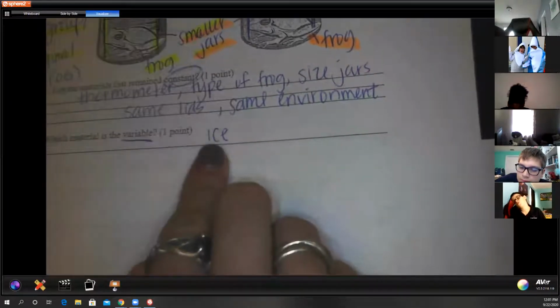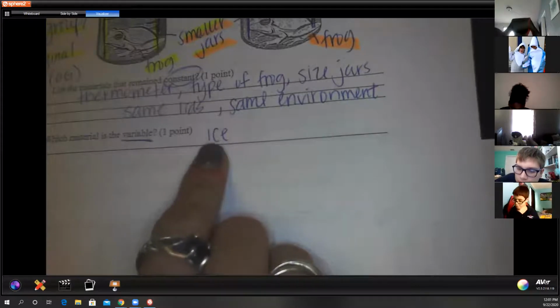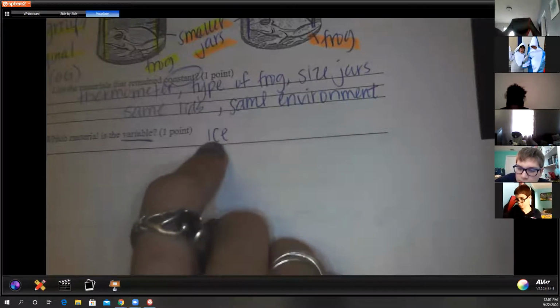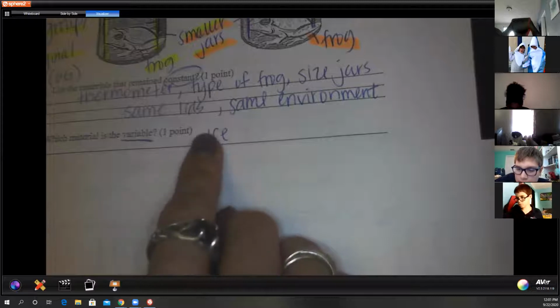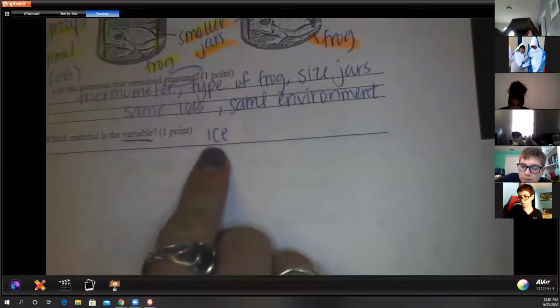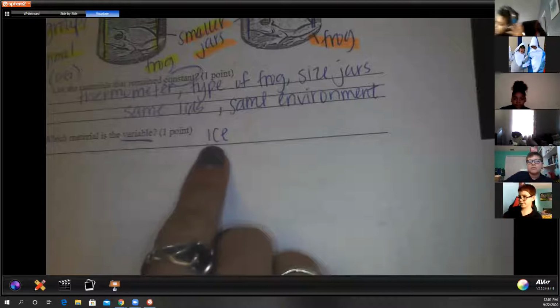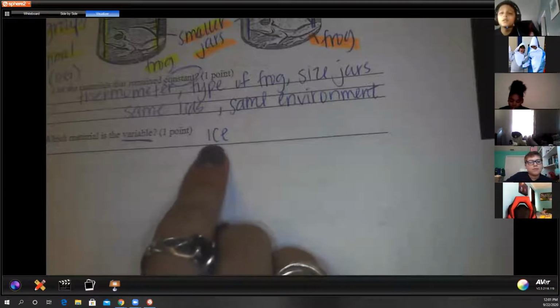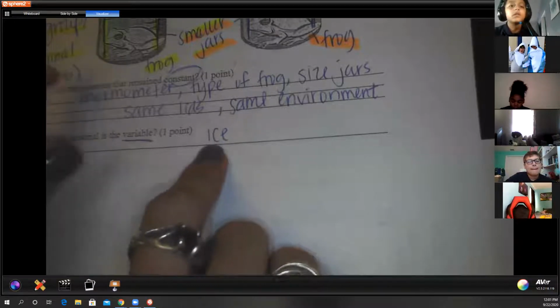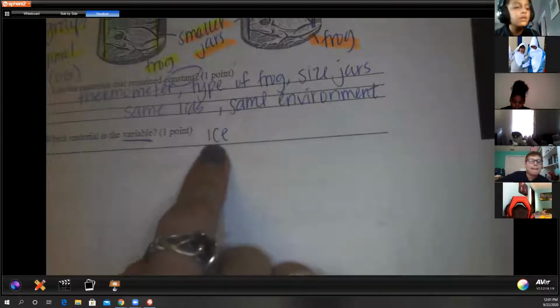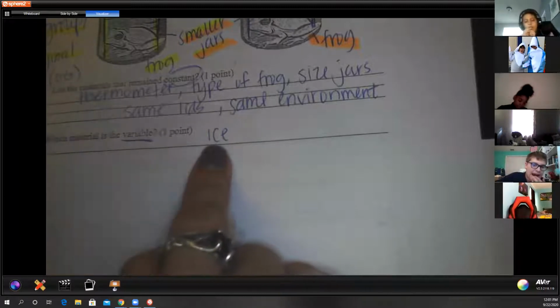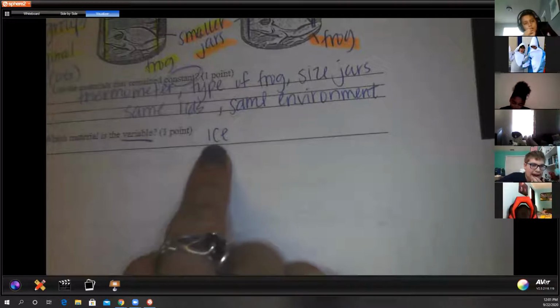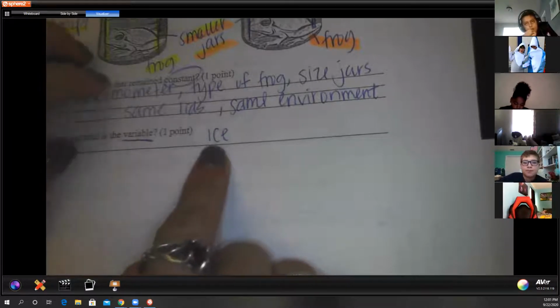The whole reason we labeled that jar, that picture, was so that it was easy for us to see what was different. I can promise you, if you draw the experiment out on your paper, it will help you. Just like we took the time to label, right?